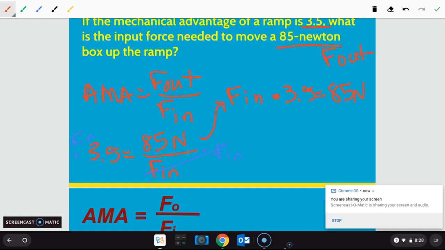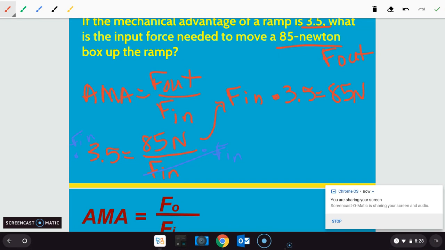So this would be 85 divided by 3.5, which would give you a force in of 24.3 if I round. And this would be newtons, because it is a force, it has to have a label of newtons.